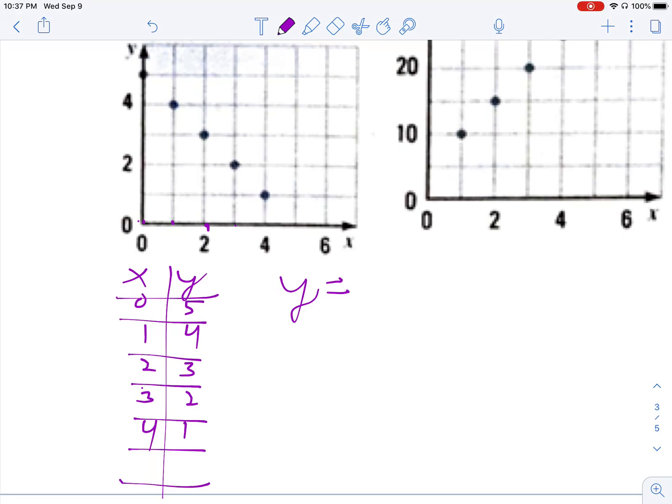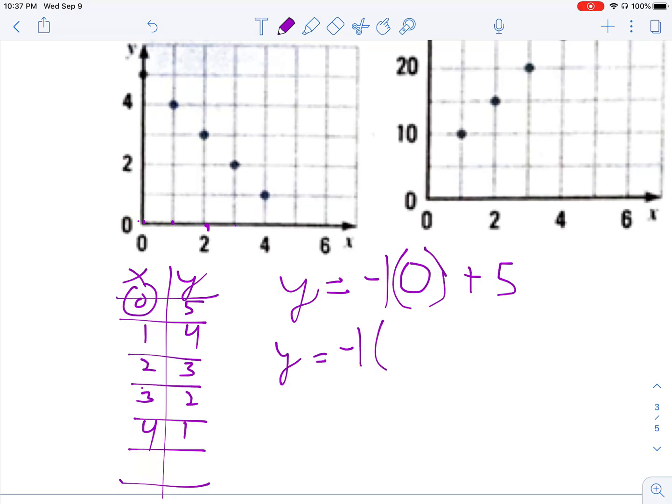So for example, if I took a negative 1 and multiplied it by 0, that would give me 0. And then plus 5, I get 5. Okay, that works for the first one, but let's see if it works for the second one.